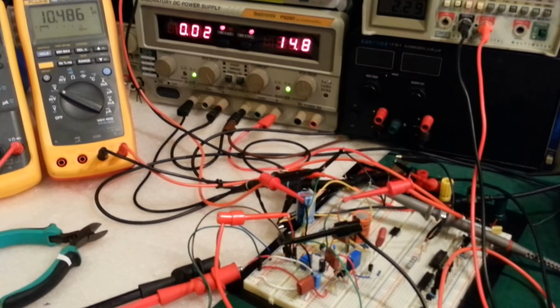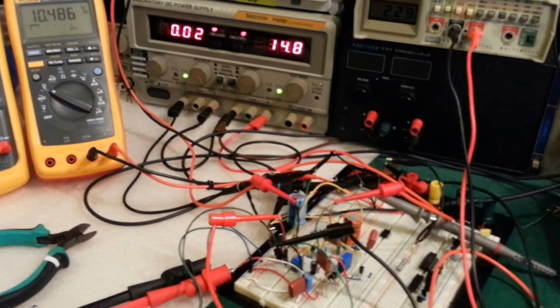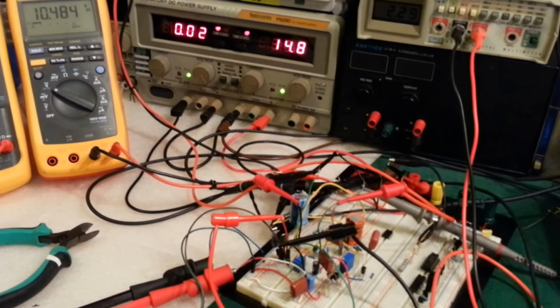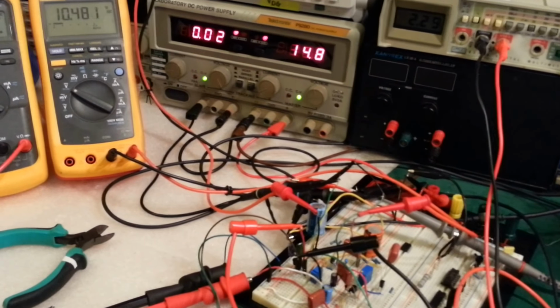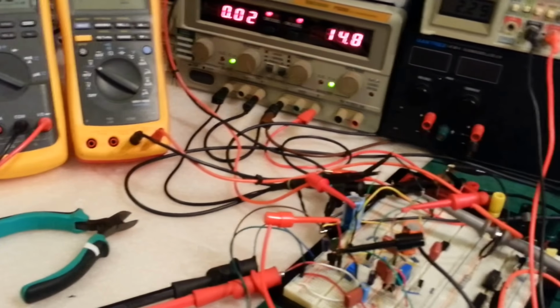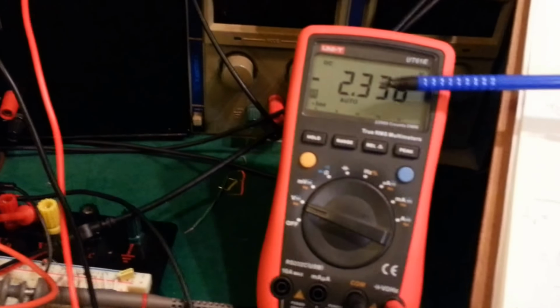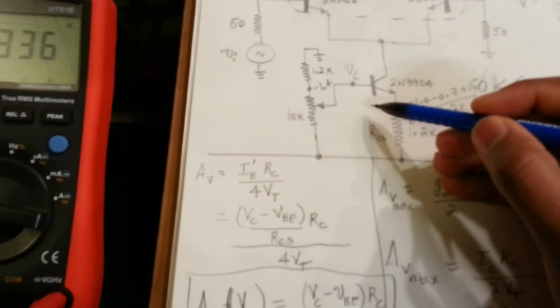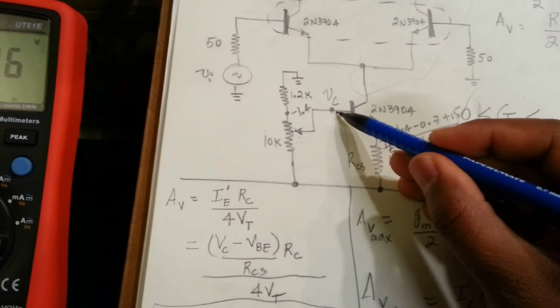Okay, so time for the practical side of circuit design. Let's see if what we have calculated matches with the built circuit. I have set up monitoring of quite a few points on my circuit. This meter is measuring the voltage at the base of the current source transistor with respect to ground.